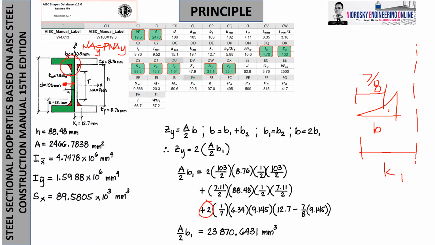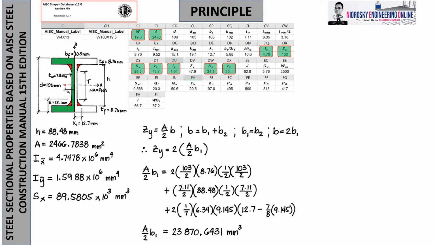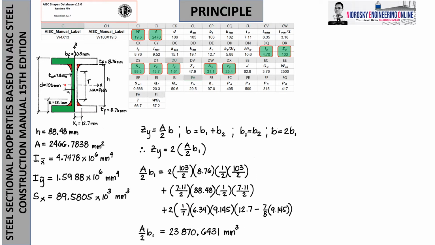You have to notice top and bottom. So by this you can get a value of 47.7413 times 10 to the 3 cubic millimeters, which is close enough to the value of 47.9 times 10 to the 3 cubic millimeters as declared in the table.